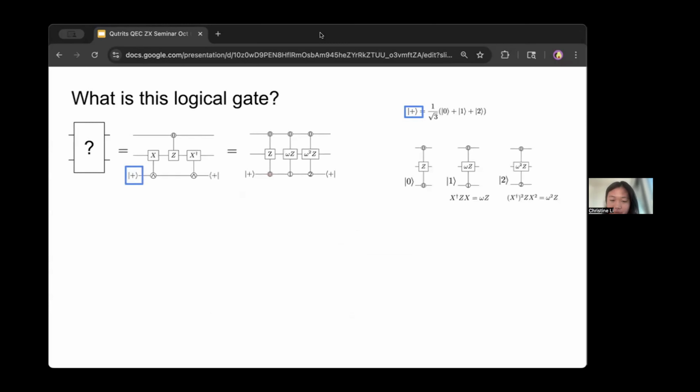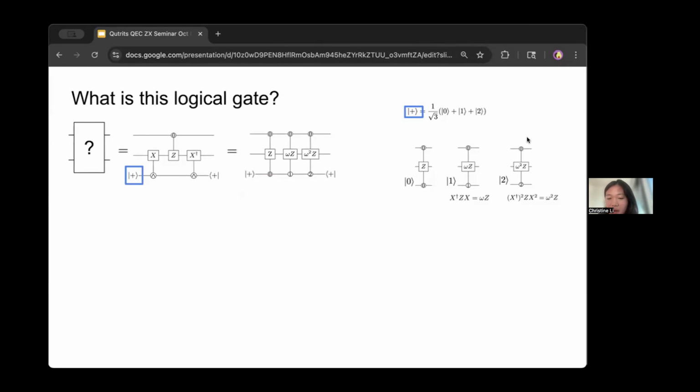We observe that you can expand this circuit as a multiply controlled phase gate. If you break down the plus state into three cases: in the 0 case you don't change anything.